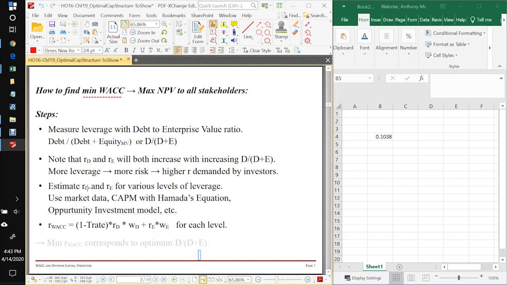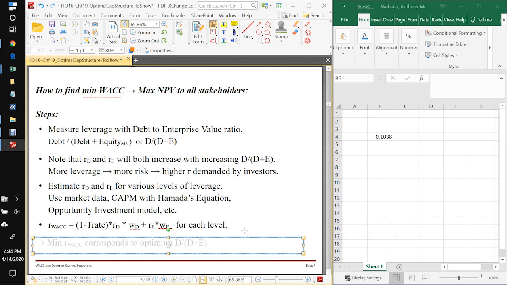And then, once we've made these estimates, for each of these various levels of our W_D and W_E, in particular increasing W_D here, we'll compute the weighted average cost of capital.